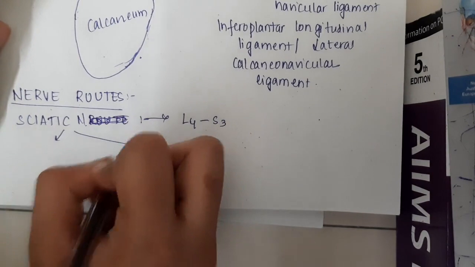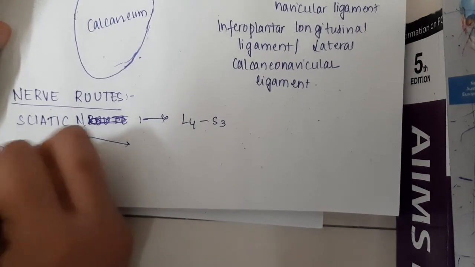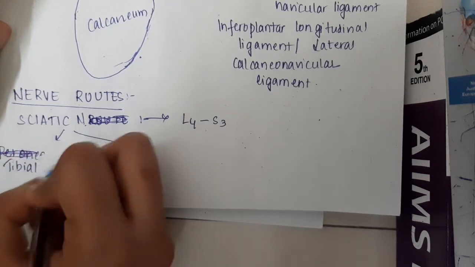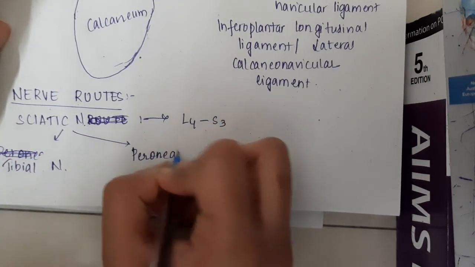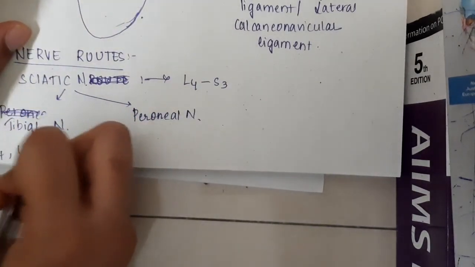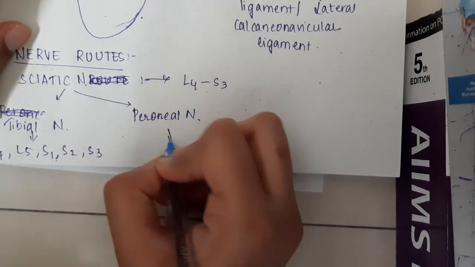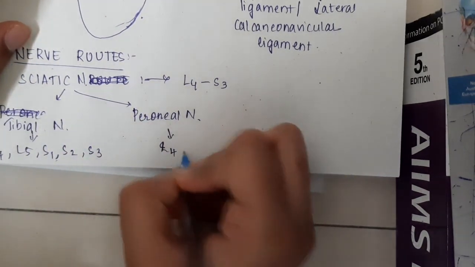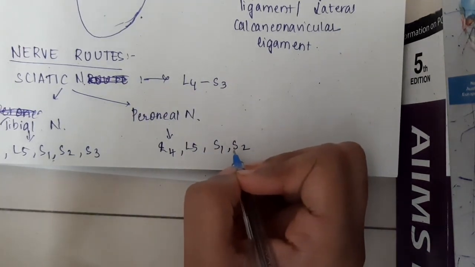This sciatic nerve has two divisions: first the tibial division, forming the tibial nerve, and then the peroneal nerve. The tibial nerve has L4, L5, S1, S2, S3, whereas the peroneal division has branches from L4, L5, S1, S2.